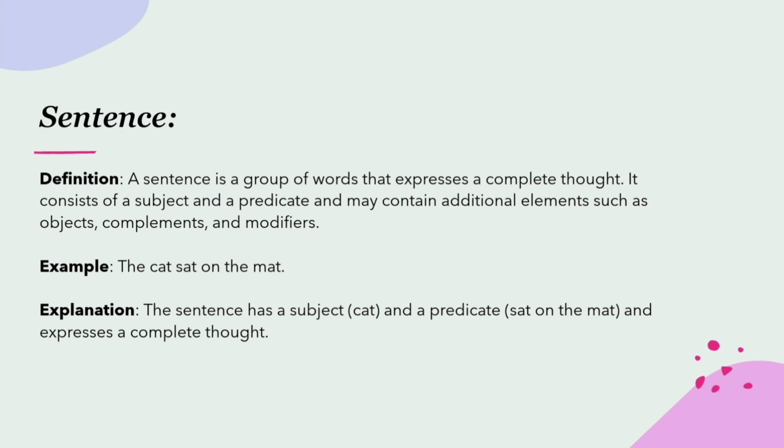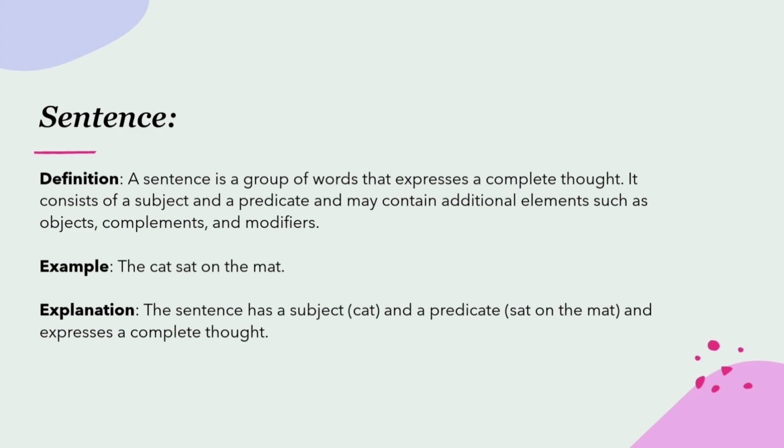The difference between a clause and a sentence is that a clause consists of two types and it is sometimes confused with a sentence. A clause can give a complete meaning when it is an independent clause, and a sentence gives a complete meaning. So a phrase never gives a complete meaning, it gives partial meaning.